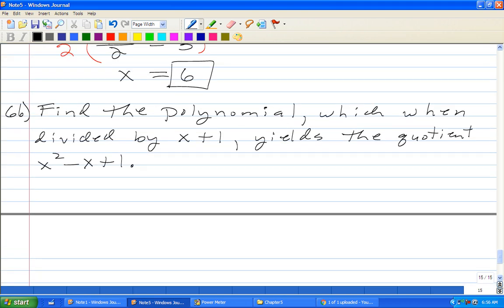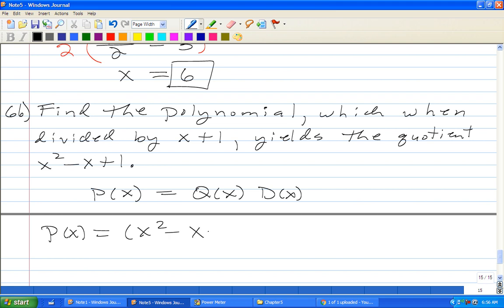Notice all I really had to do is multiply 2 times 3. So I want some polynomial such that when divided by d yields the quotient. And so I want to find some polynomial equal to the product of the quotient times the divisor. And so I want x squared minus x plus 1 times x plus 1.